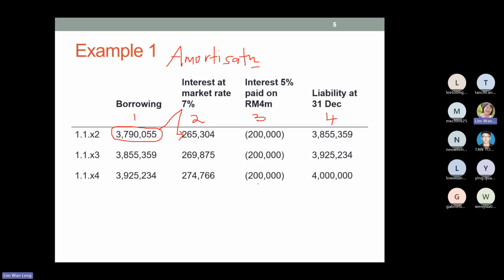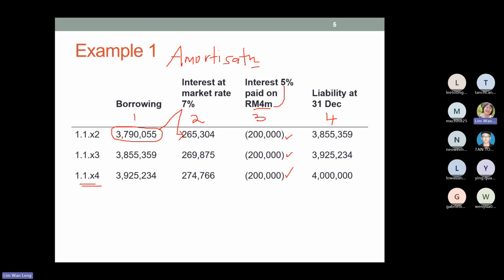Column 3 is basically the coupon rate times the face value of the bond. The face value of the bond is 4 million, and the coupon rate given by the question is 5%. So this times this is 200,000, until the day it matures, which is in 3 years' time, because they tell you the maturity date is 3 years.